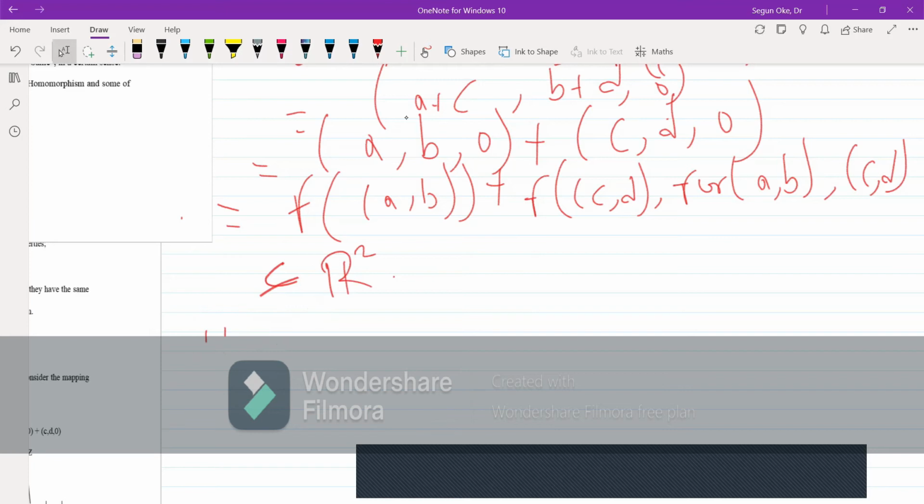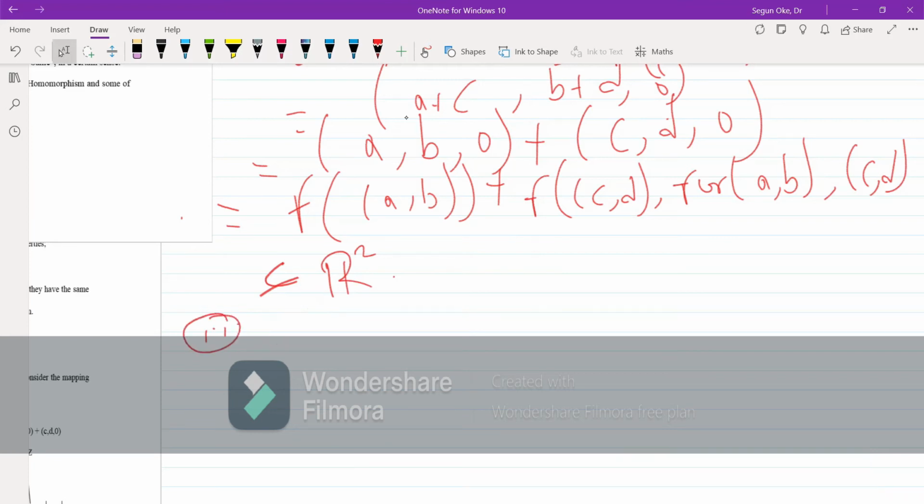Now let's establish the second condition.